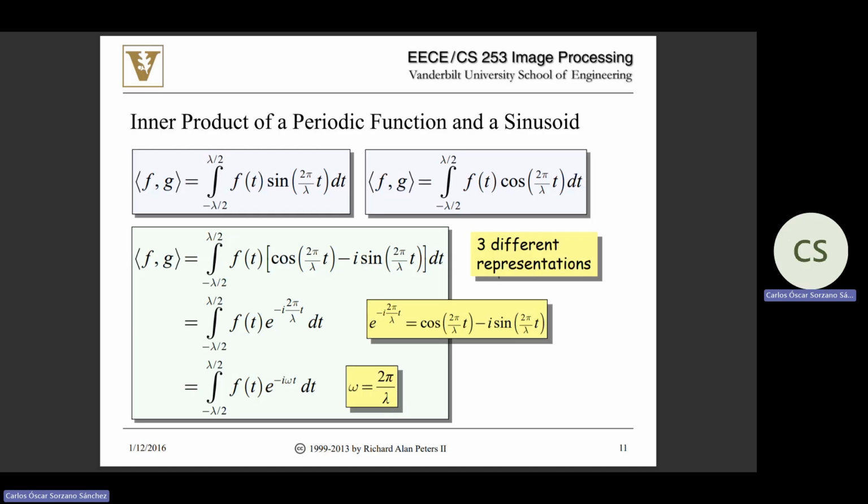Is just one supposed to be normalized? What we've seen in biomedical signals is that the capital omega is a normalized one. Yeah, so it depends a lot.